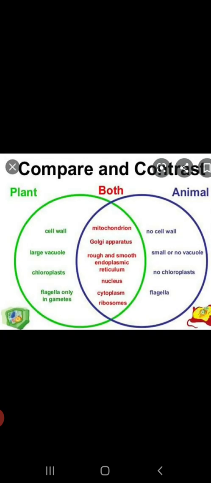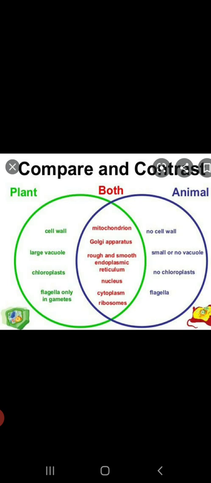Yes, children. So, the major differences that we find between the plant and animal cells: plant cells have a cell wall present. The cell membrane in the plant cell is followed by a cell wall which is made up of cellulose, whereas in animal cells, it is absent. Next difference between the plant cell and animal cell is the presence of chloroplast.